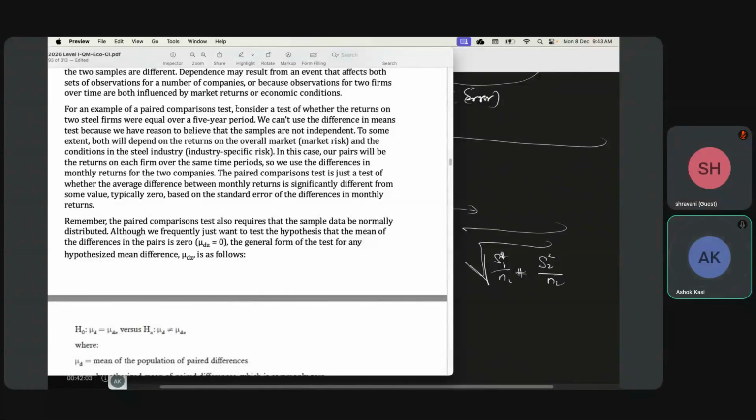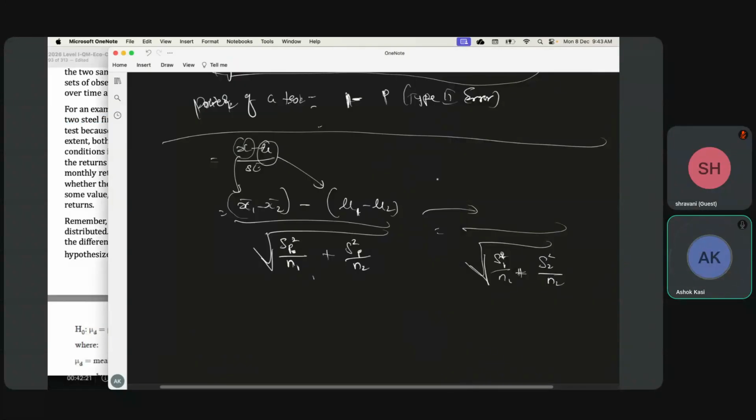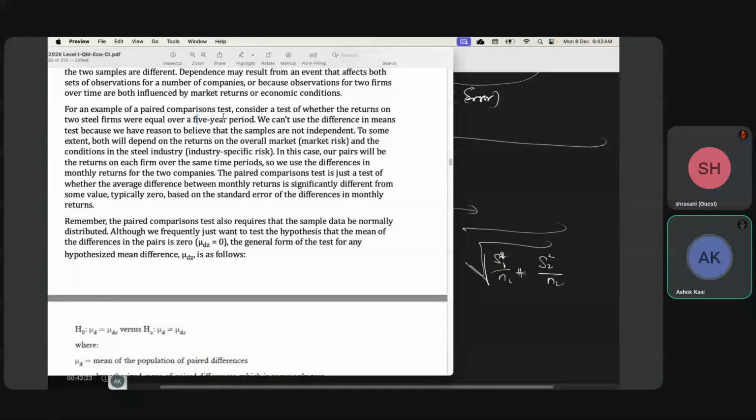For example, consider a test of whether returns on two steel firms were equal over a 5-year period. The samples all remain the same over here.